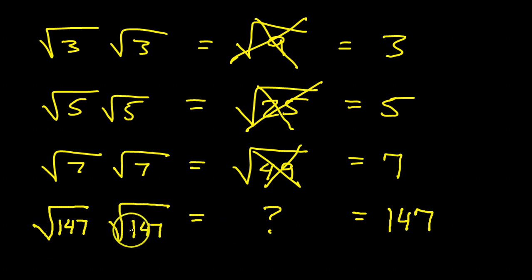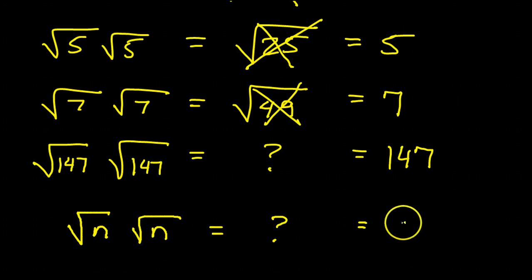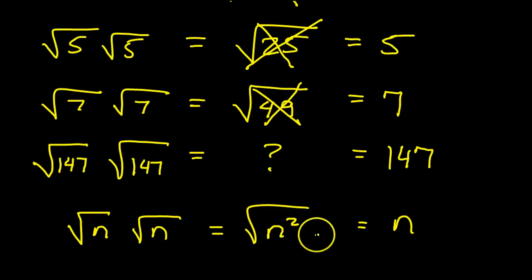If you knew that, then you have absorbed the pattern that you need to absorb. So if I do the square root of n times the square root of n, then we know that the result is just going to be n. And that would be n squared, and this is a useful thing to observe also: the square root of n squared is going to be n. Alright, now we can get back to the lesson.